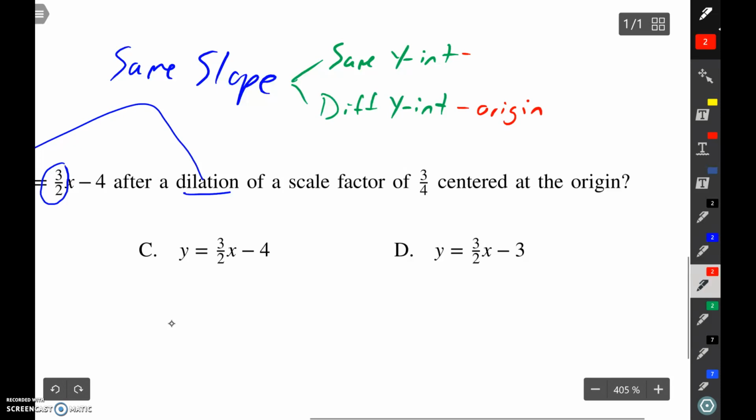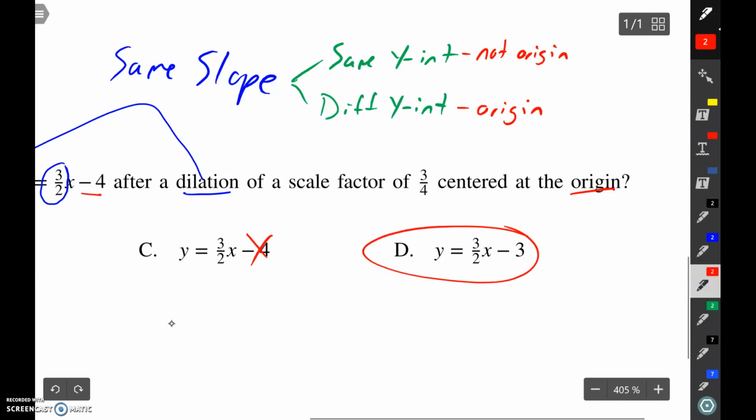Anytime it's mentioned from a point that's not the origin, like if they say centered at the point 3,4 or 2,7 or -8,5, you end up with the same exact y-intercept. Now this one says origin, so it's not the same y-intercept, because our y-intercept here is -4.